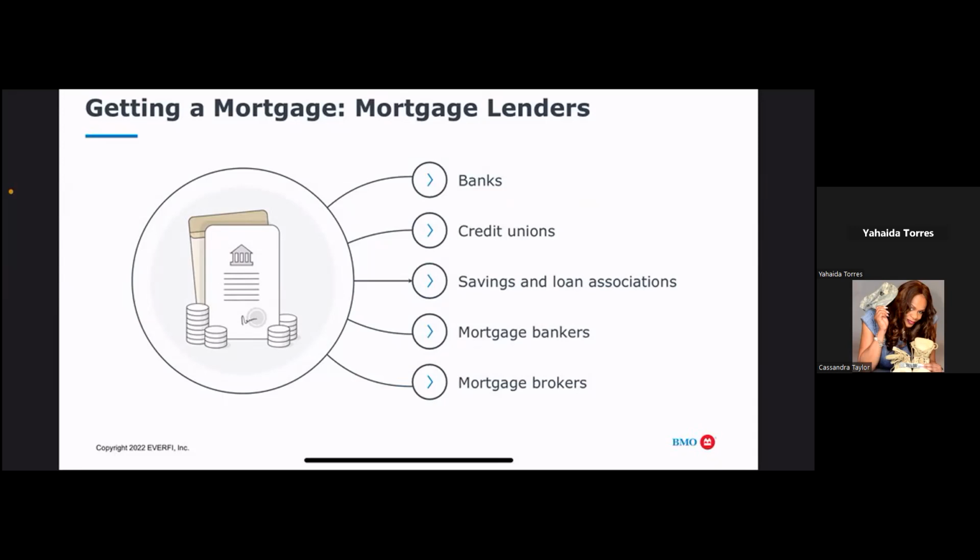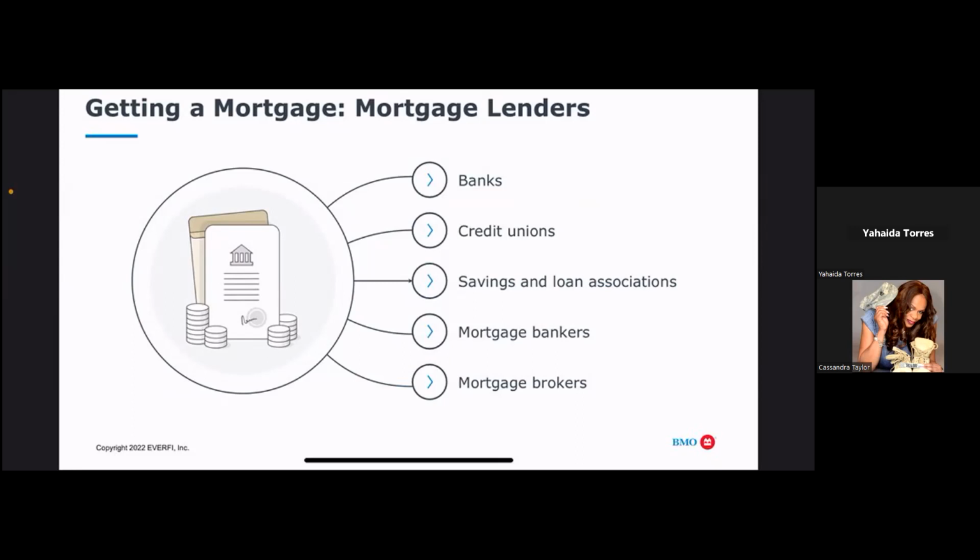Savings and loan associations are sometimes called thrifts. These financial institutions provide many of the same services as banks, but tend to place a stronger emphasis on residential lending. So they're banks, but they offer more or less residential lending, versus with a bank, you can do commercial lending, things like that.